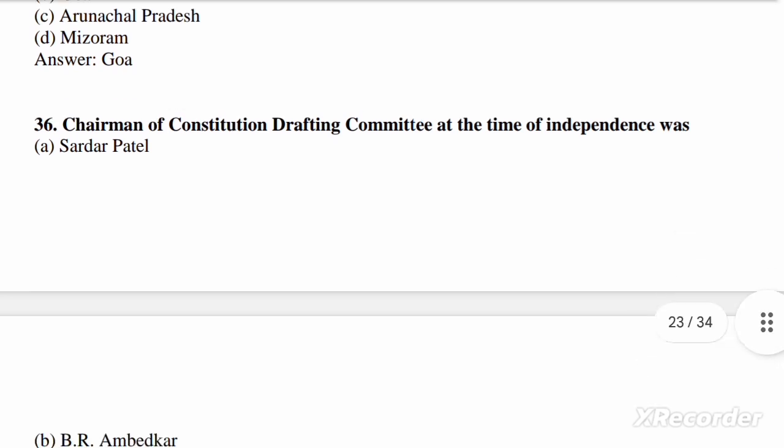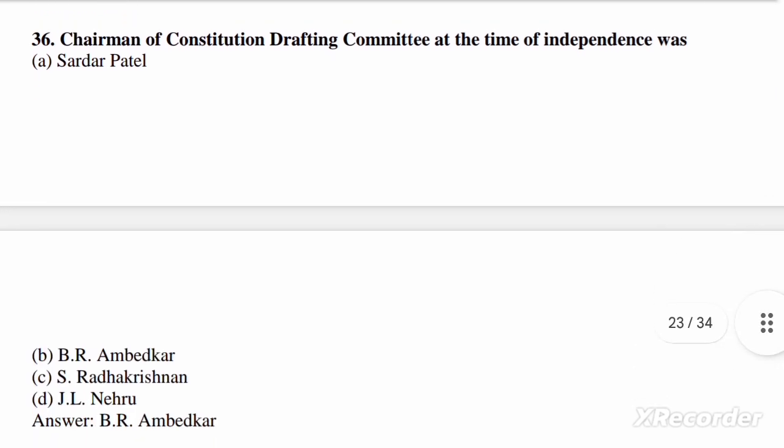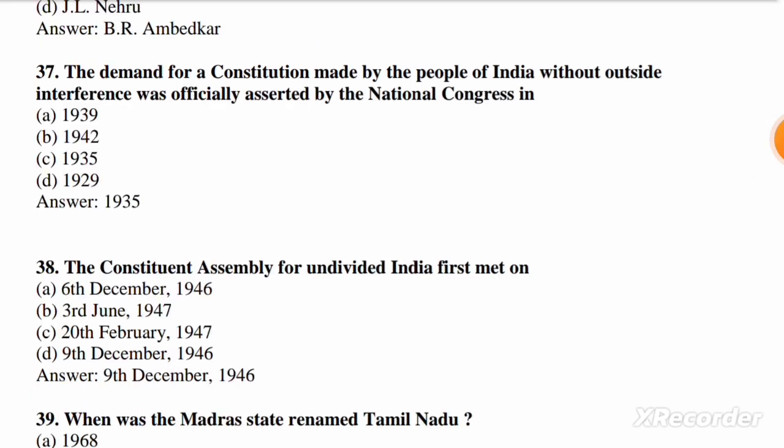36. Chairman of Constitution Drafting Committee at the time of independence was B.R. Ambedkar. 37. The demand for a constitution made by the people of India without outside interference was officially asserted by the National Congress in 1935. 38.